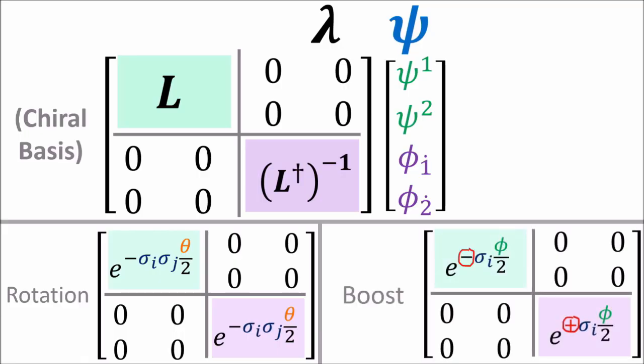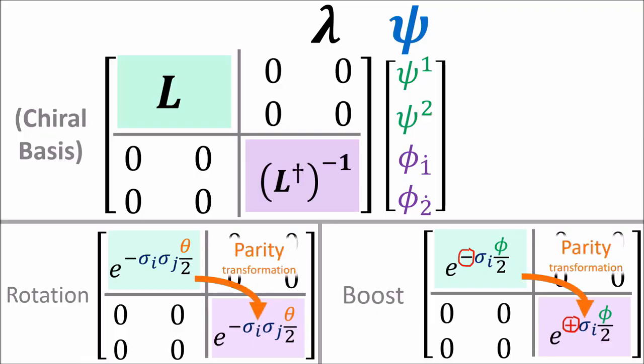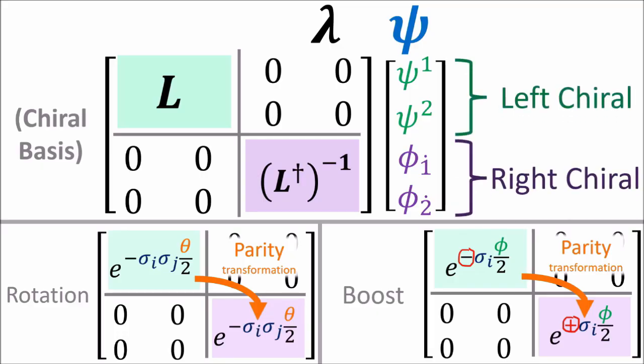So we can exchange the top and bottom transformations by doing a parity transformation, flipping the x, y, z directions so that the boosts reverse. For this reason, in the chiral basis, we say the top half of a Dirac spinor is left chiral, and the bottom half is right chiral.